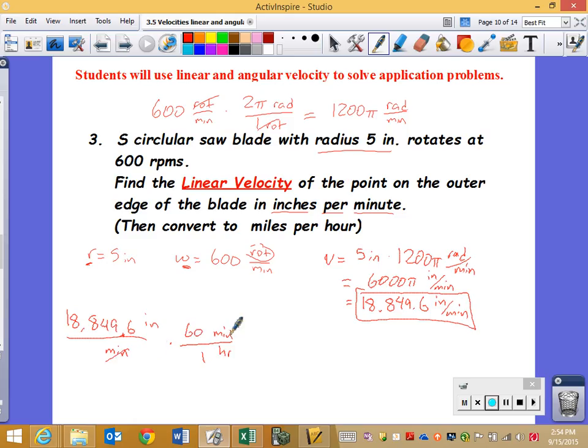So my minutes are gone. Now I have inches, and I want to convert that to miles. Now I know a conversion factor of per 1 mile, there are 63,360 inches. My inches are gone. We're going to plug all of this into my calculator to get 17.85 miles per hour.